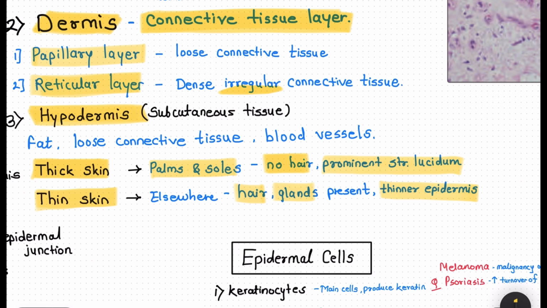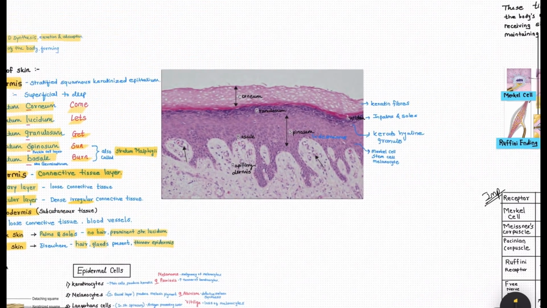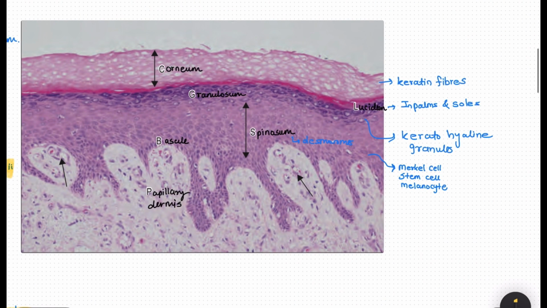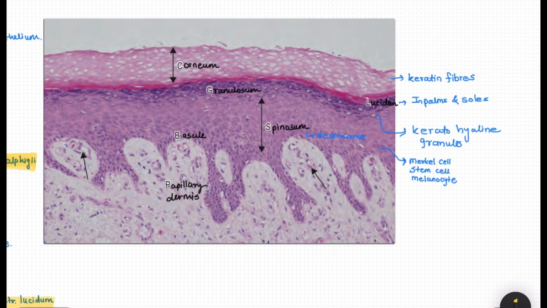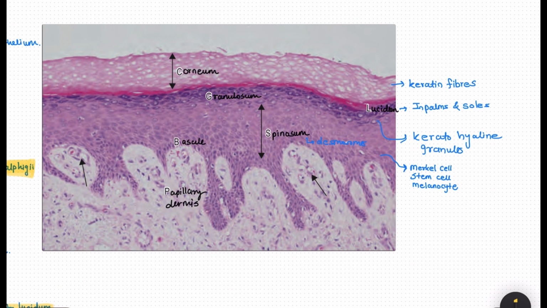Okay, you can see this is a slide which shows epithelium layers, and then this one is stratum corneum. So this is a slide which is showing layers of skin. First one is epidermis, which includes first layer of epidermis, which is stratum corneum.